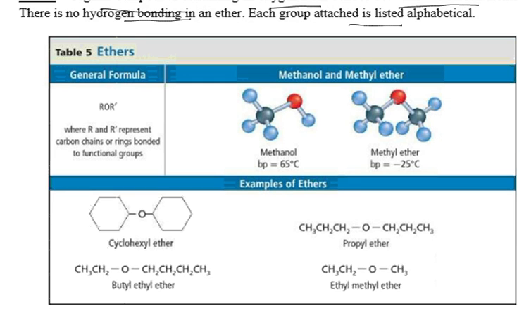So here we have methanol, and if we remove the H and replace it with a methyl group, they call it methyl ether, but since we have 2 methyl groups, we're going to call it dimethyl ether.